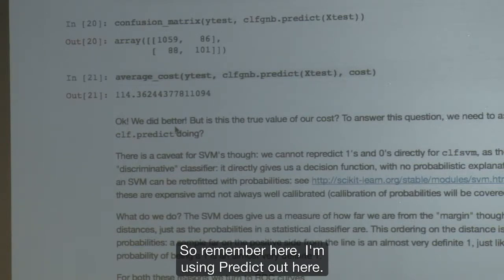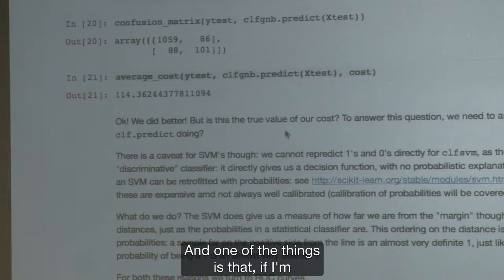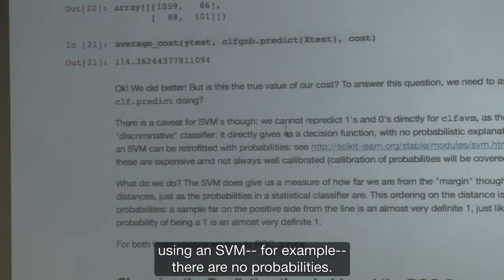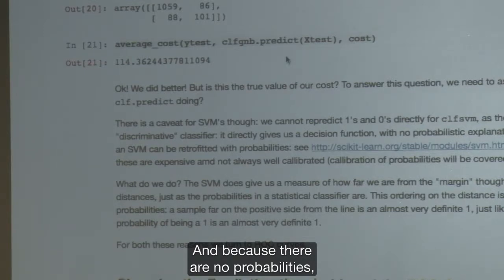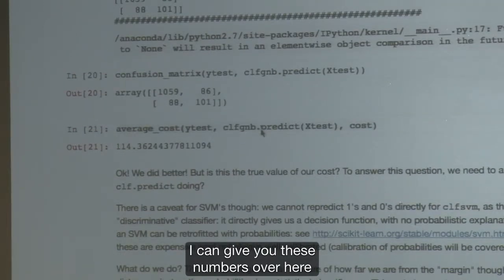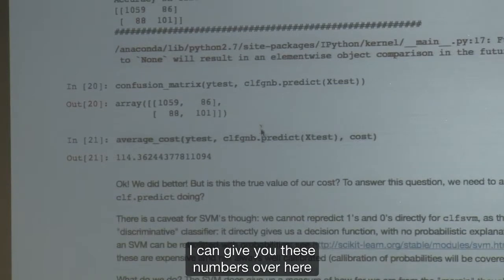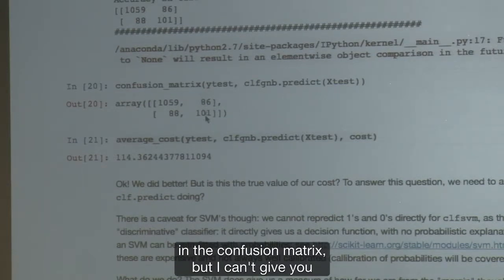So remember over here, I'm using predict out here. And one of the things is that if I'm using an SVM, for example, there are no probabilities. And because there are no probabilities, I can give you these numbers over here in the confusion matrix, but I can't give you individual probabilities for each one of these.